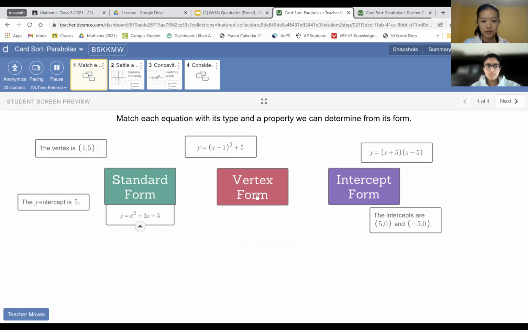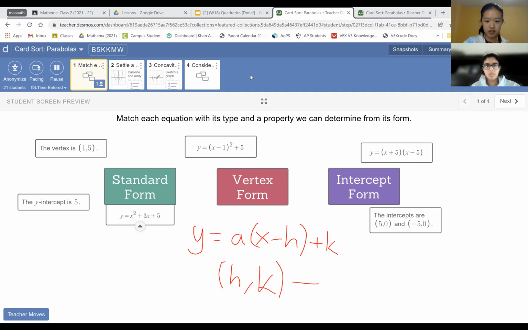And vertex form is y equals a times (x minus h) squared plus k, where the coordinate (h, k) is the vertex basically. That's why it's called vertex form, because this lets you see the vertex of the quadratic.